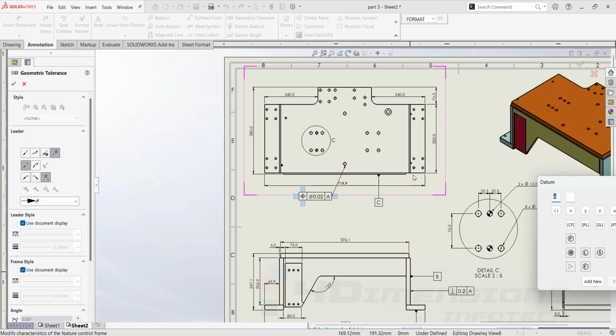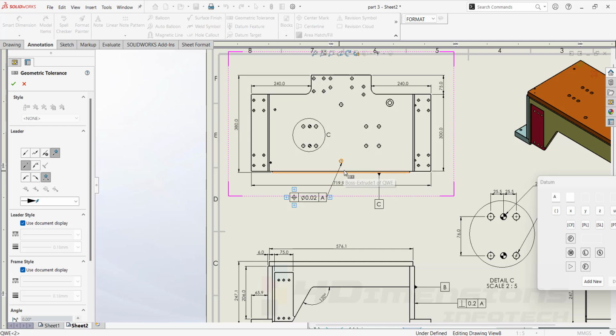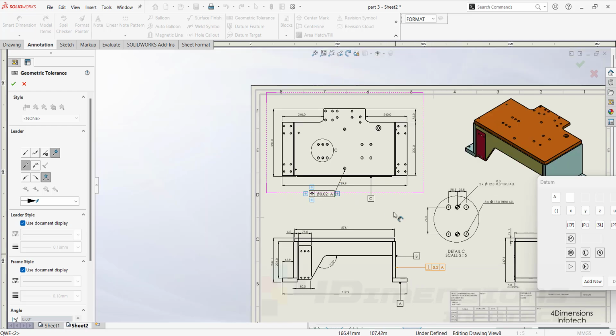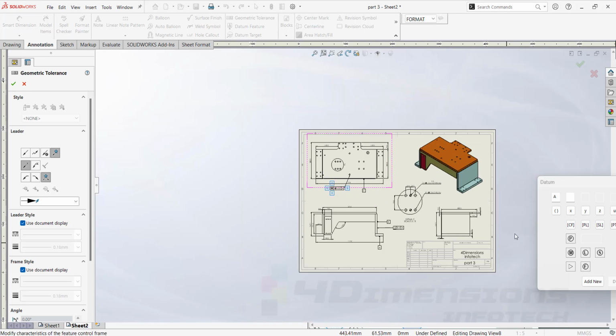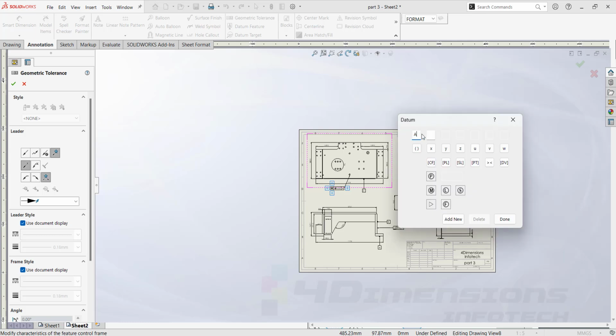And next I'm going to show the dimension by the side of this space representing the horizontal dimension. So for the vertical dimension, I'm going to refer to datum C. And for the horizontal dimension, I'm going to refer to datum B. So for that, we need to add two datums here. So we will go here and say the first datum as C and the other one as B.